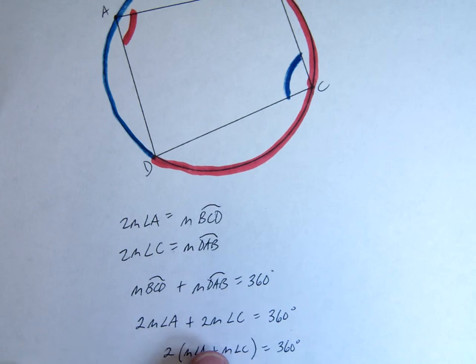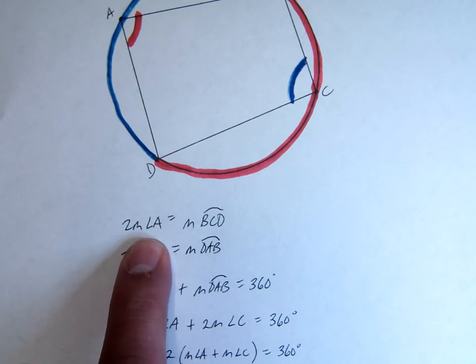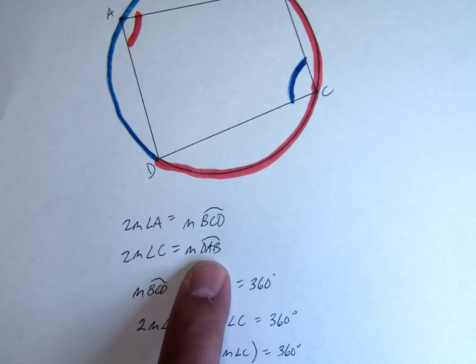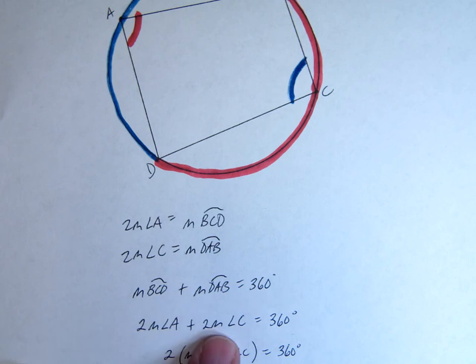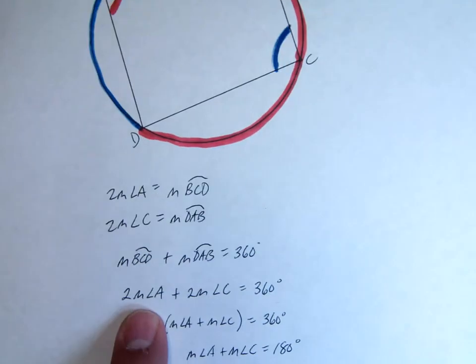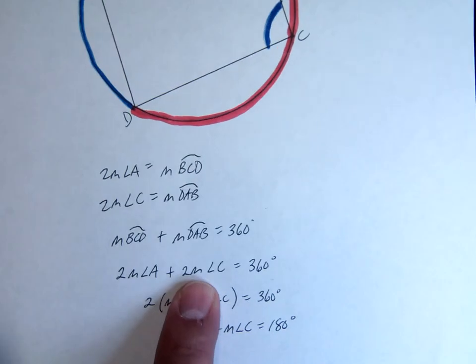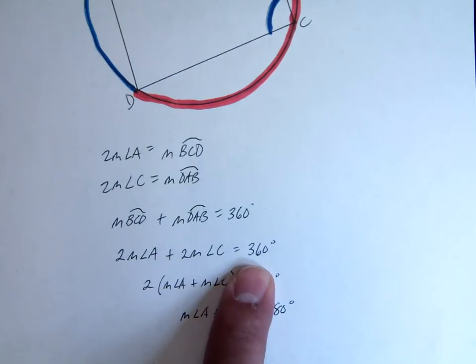Then I substituted in, because I just said here that 2 times A is equal to BCD. So instead of putting BCD, I put 2 times A. And then I said up here that DAB equals 2 times C, so I substituted those two. So now I'm saying that 2 times the measure of angle A plus 2 times the measure of angle C is equal to 360 degrees.